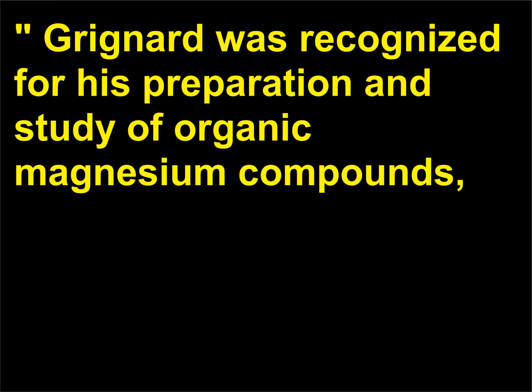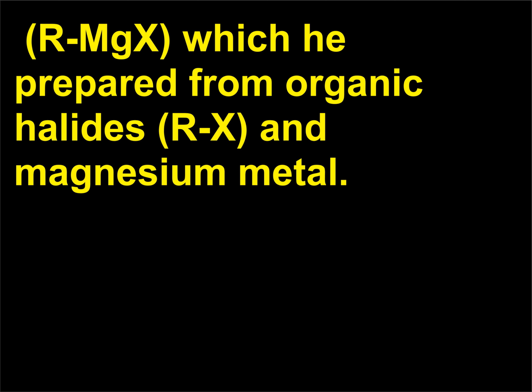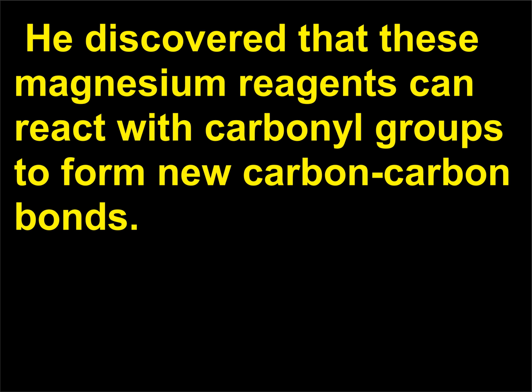Grignard was recognized for his preparation and study of organic magnesium compounds, RMgX, which he prepared from organic halides, RX, and magnesium metal. He discovered that these magnesium reagents can react with carbonyl groups to form new carbon-carbon bonds.